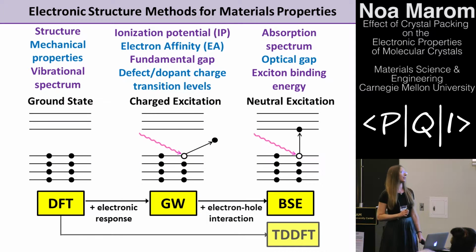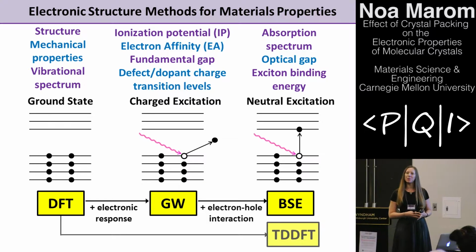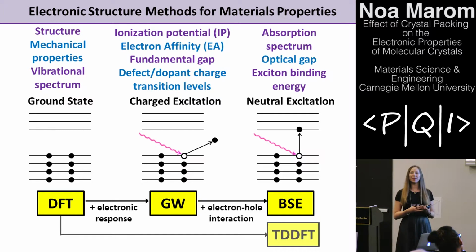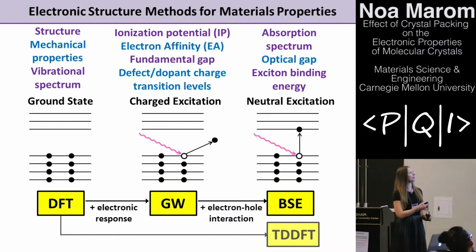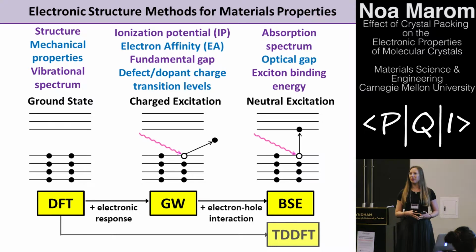And we have different types of approximations that we can use to describe different types of materials' properties that are associated with different types of electronic processes. So for ground state properties, like the structure of a crystal or the mechanical properties, we have density functional theory, DFT, that was already mentioned here a couple of times, and that is a ground state theory.